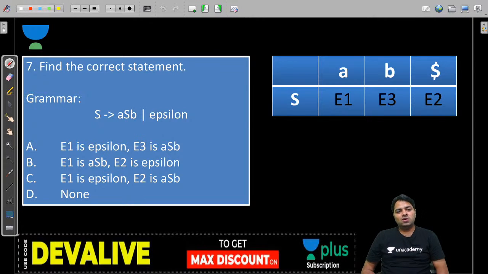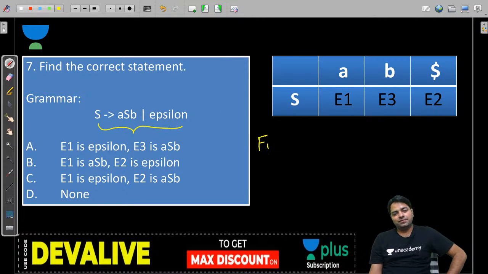Okay, next one. Find the correct statement. We are trying to find E1, E2, E3 options. Let's see, you have a grammar, so why can't you calculate the first of S?